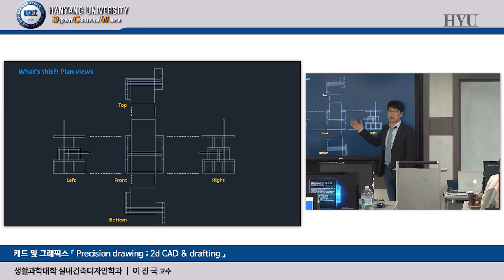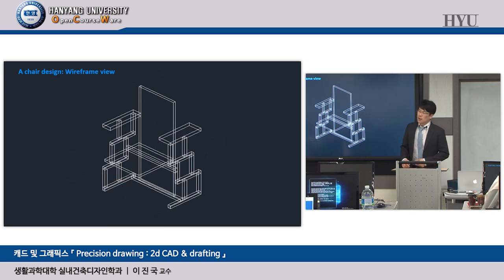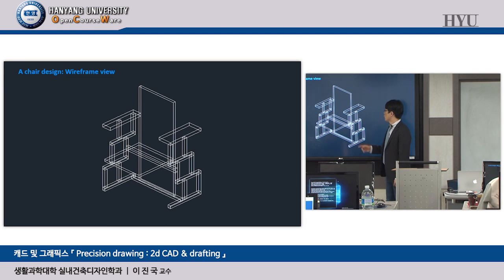Actually, this is not a typical design chair. This looks very different, looking like a weird chair. But anyway, no curve lines, no freeform shape, no non-uniform shape. It's totally uniform shape.